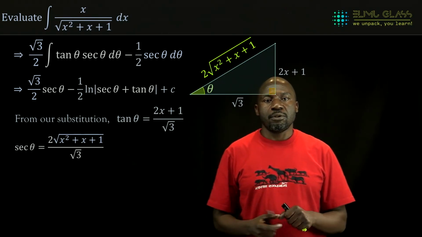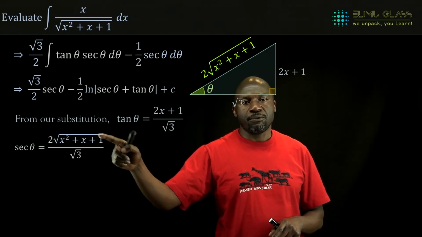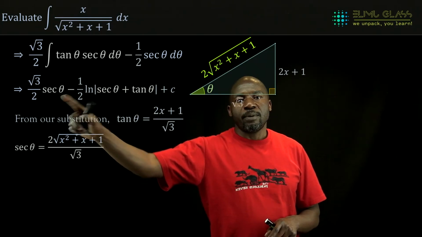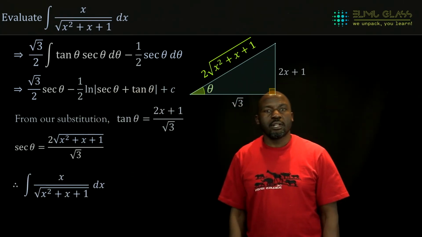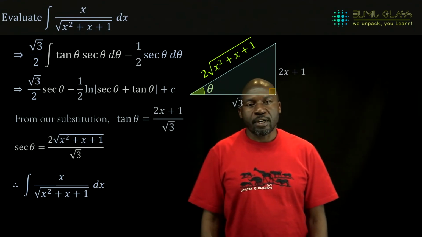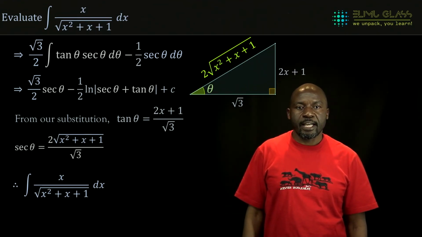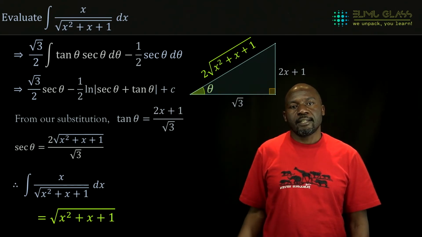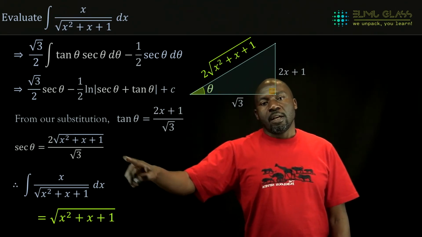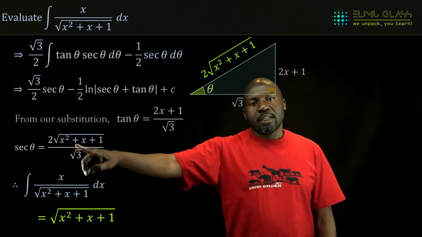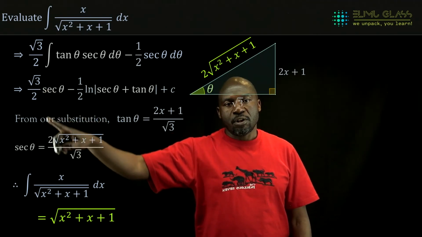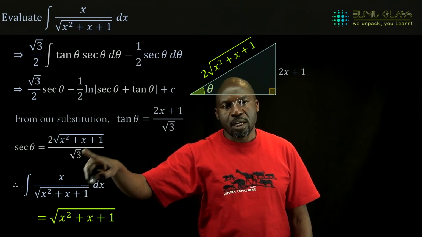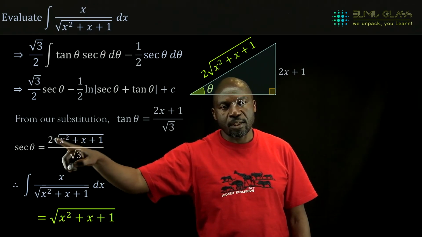So all we are left to do now is to take these values for sec and for tan and replace them there, and we are done with this integral. So the integral of x over square root of x squared plus x plus 1 dx is just that. By the way, if we put this in here, the root 3 over 2 is going to cancel with 2 over root 3, and we will just be left with the square root in there.